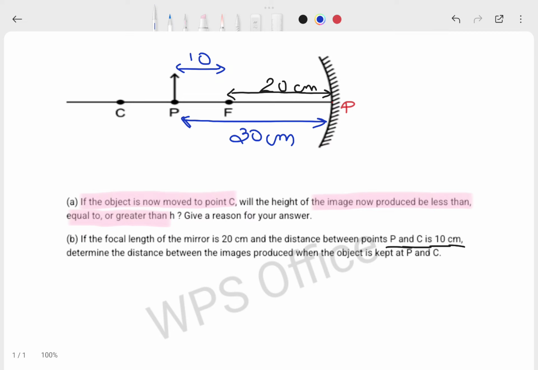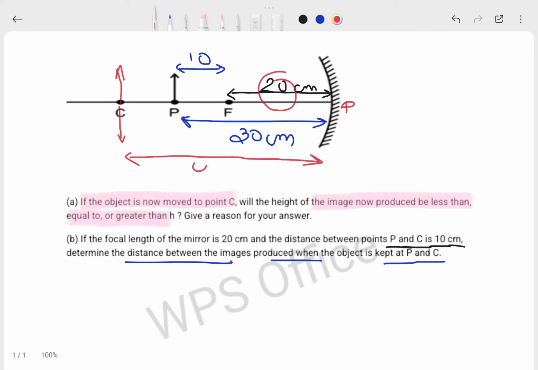We have to find the difference between the distances of the images produced when the object is kept at C and P. Now see, when the object is at point C, the image will be formed at point C itself, and the distance of this image from the mirror will be 20 plus 20, that is 40 centimeter.